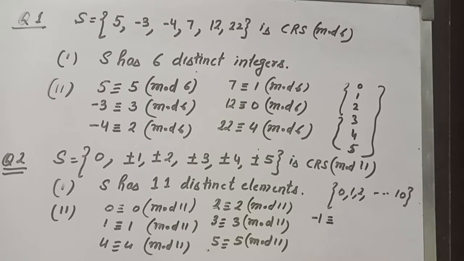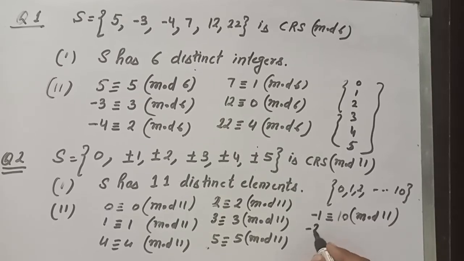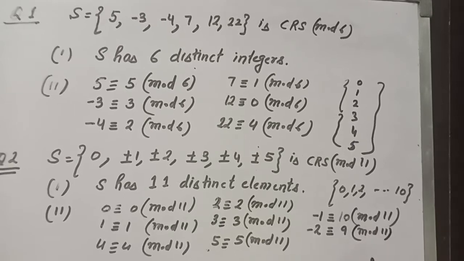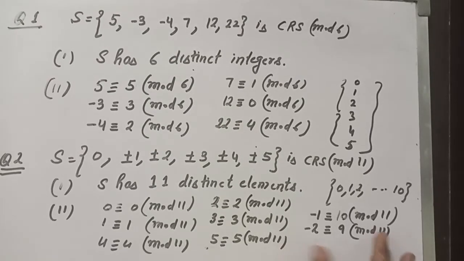-1 is congruent to 10 mod 11. You can see that the difference of -1 and 10 is divisible by 11. Similarly, -2 is congruent to 9 modulo 11. Now see the pattern: 10, 9, 8, 7, and so on.